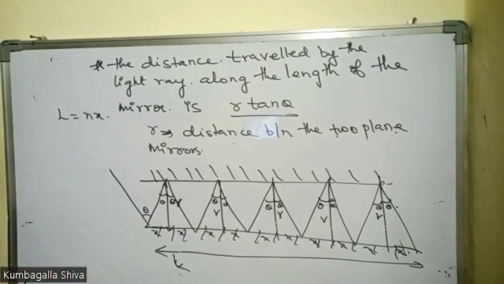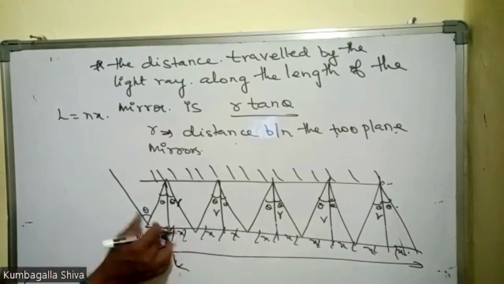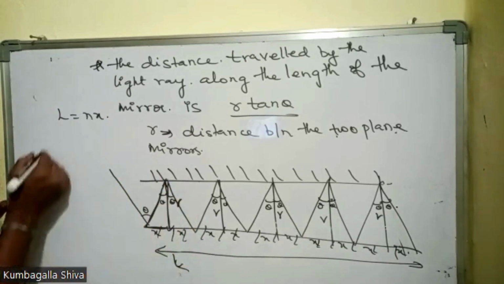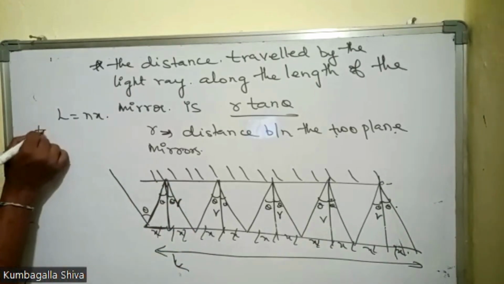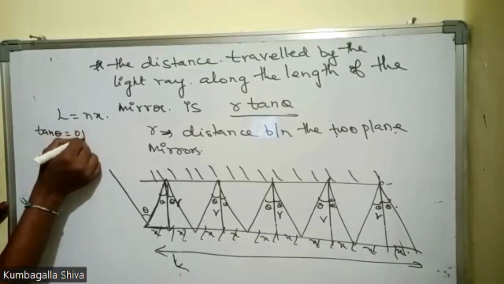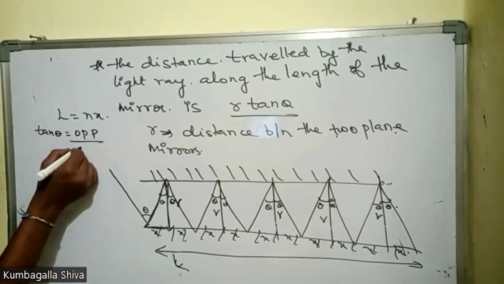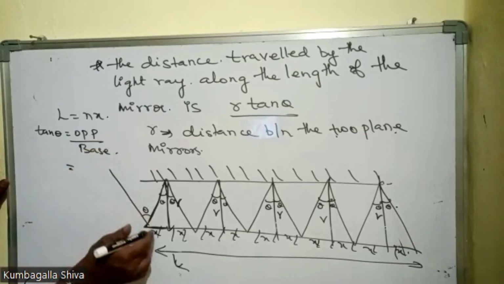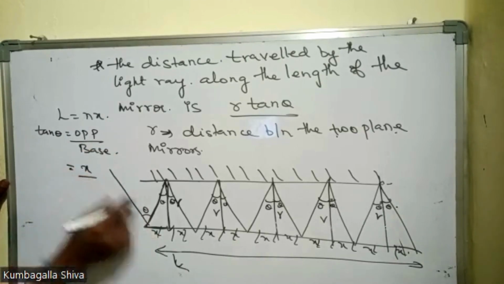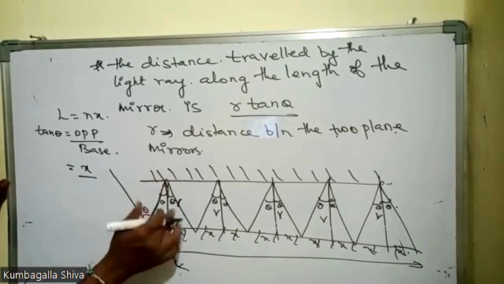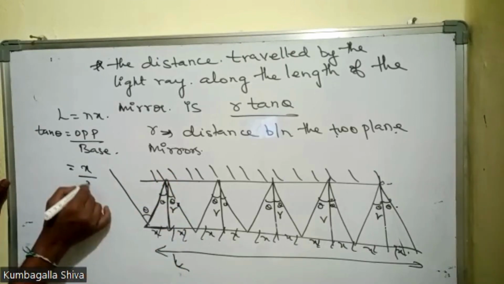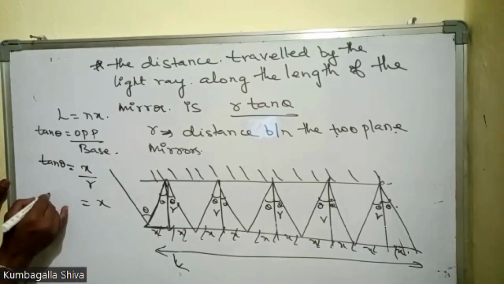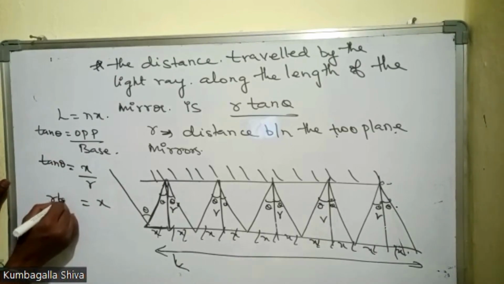So by observing one triangle, we know that tan theta is opposite by base. Opposite is x, the base is the distance r, that is equal to tan theta. Therefore x is equal to r tan theta.